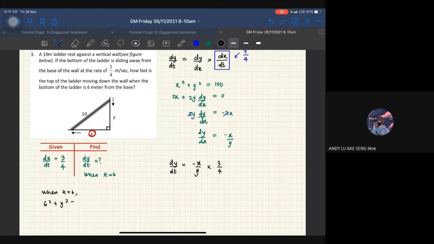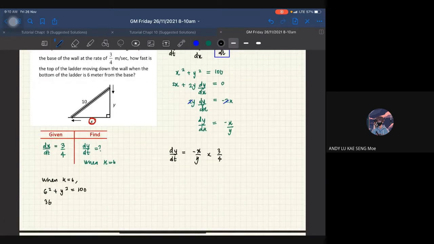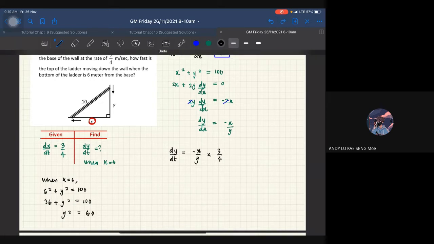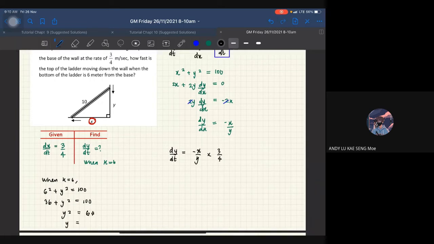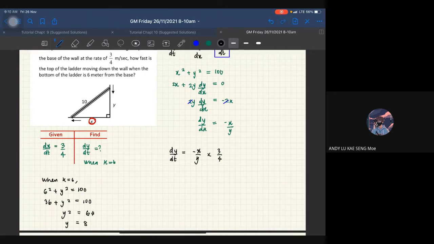So apa awak dapat dekat sini? Dy dt is equal to negative 6 over 8 times 3/4. Okay, so this one kita boleh simplify tak? 4, 2, 6, 3. So negatif 9/8.